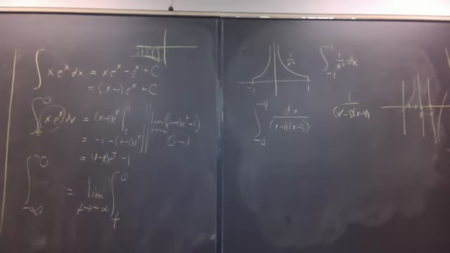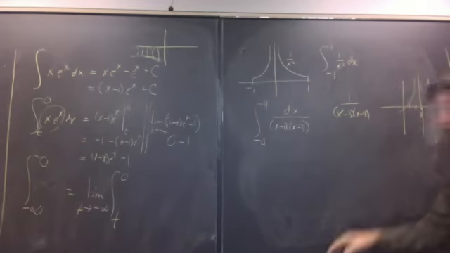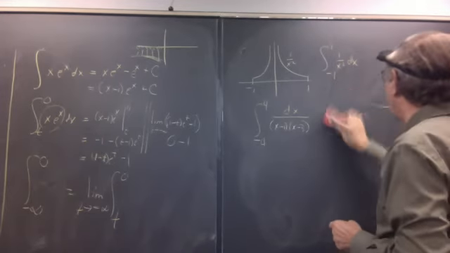Unbounded, improper. But now we got two problems. We got an unboundedness at 3, and we got an unboundedness at 4. That's worse than just this one, which only has an unboundedness at 0. Right? Okay. So how are we going to define this stuff?